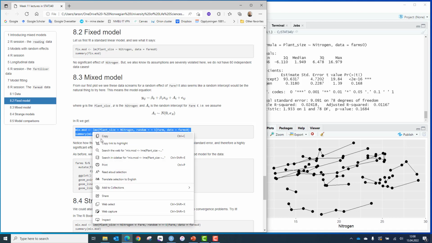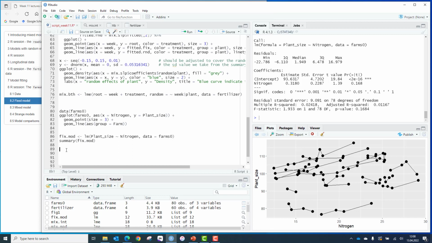And then we fit this model. You can see it's the same fixed effects, but now the only difference is we say there is a random effect of farm that should affect our intercept.